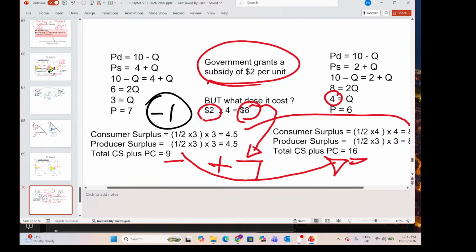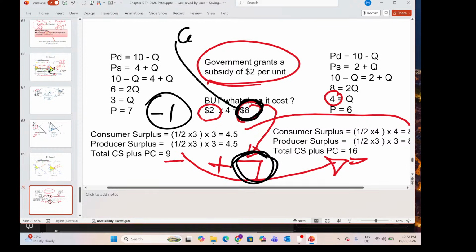And of course, government does not provide its own funds. Some other taxation, someone else is paying tax. So someone else is paying $8 worth of tax to provide a $7 benefit to the consumers and producers of this product. So the cost is greater than the benefit, right?